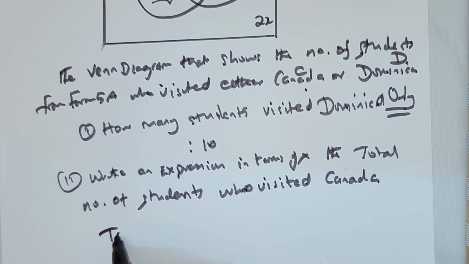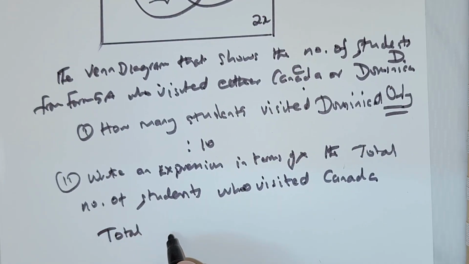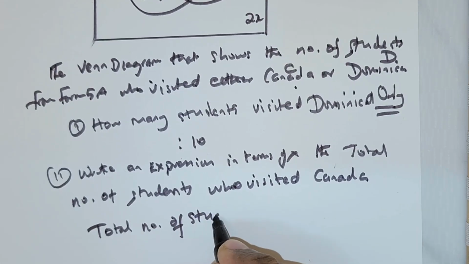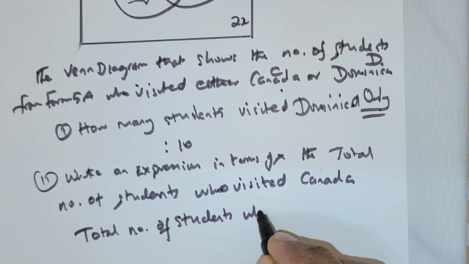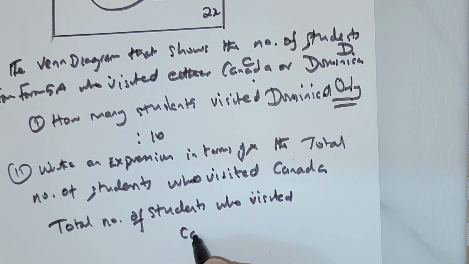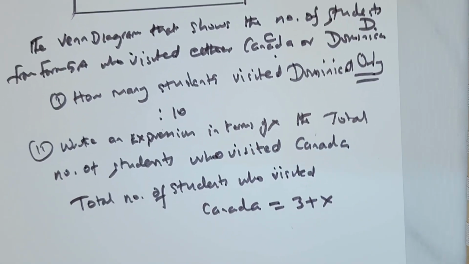So the solution is, you can write it like this: total number of students who visited Canada is equal to 3 positive x. So that is the solution.